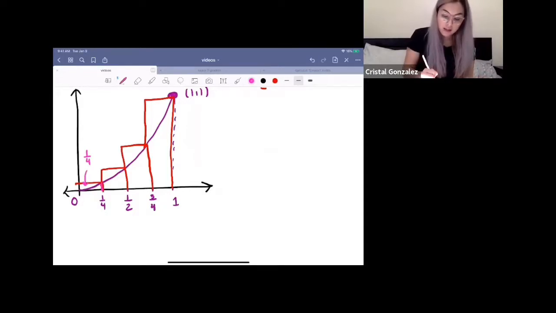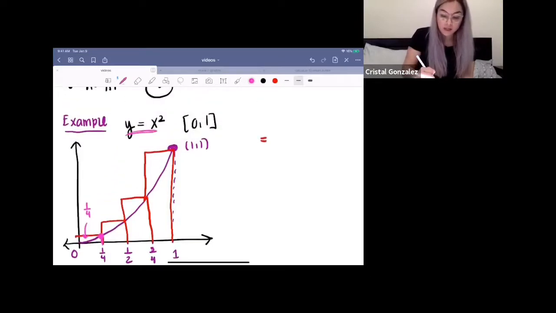And how high this is depends on how high we are at this point on the function. So this is actually going to depend on the function itself, because we want to know what's the y value at this exact same spot. So in order to find that, if x is equal to 1/4, my length is going to be 1/4 squared. Okay, so it's going to be 1/16.